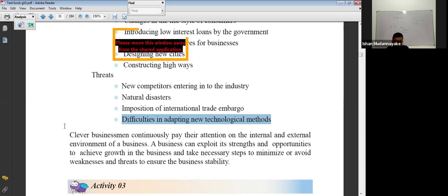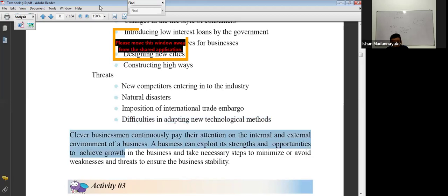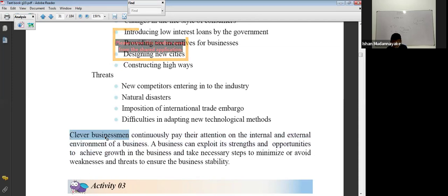Then read this note. Abdullah, read this note. Clever businessmen continuously pay attention to the internal and external environment of a business.